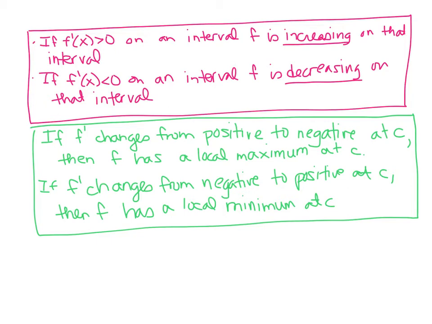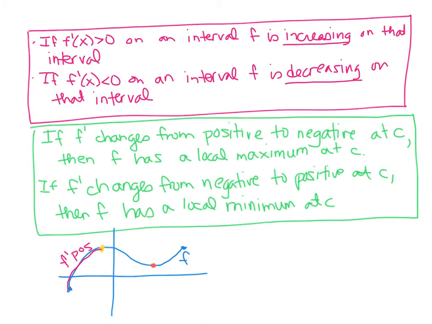I think that these definitions are a little bit hard to follow without a picture, so I'll go ahead and draw you something here. So I have a function f right here, and I want you to notice that up until that yellow point, my function is increasing, which means that my derivative is positive.